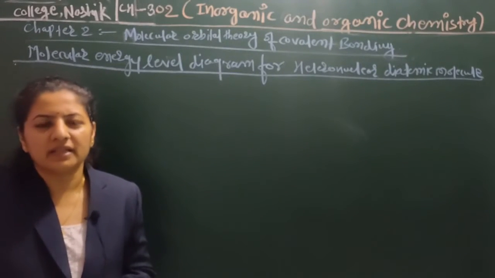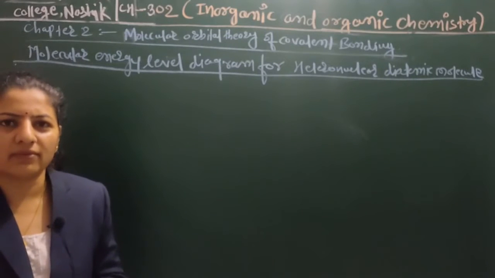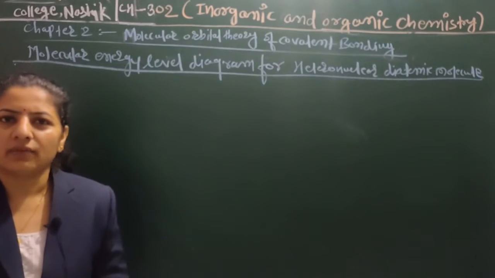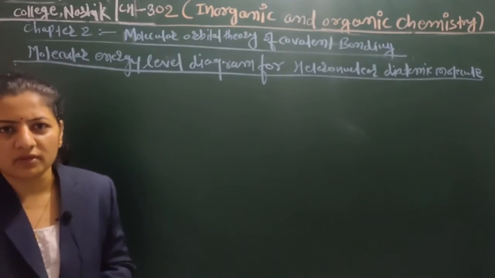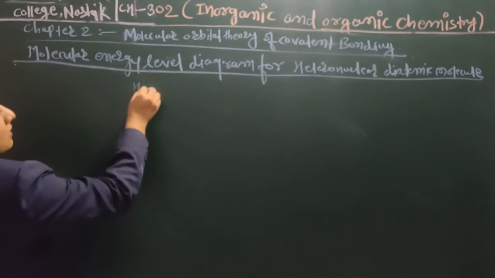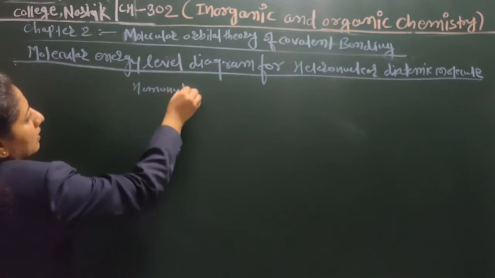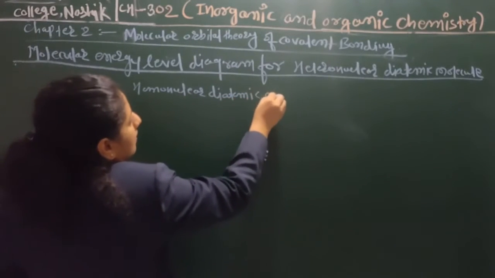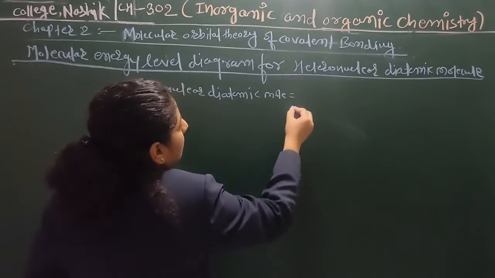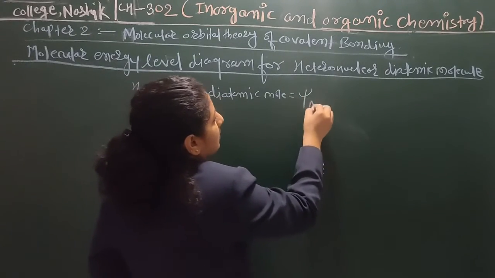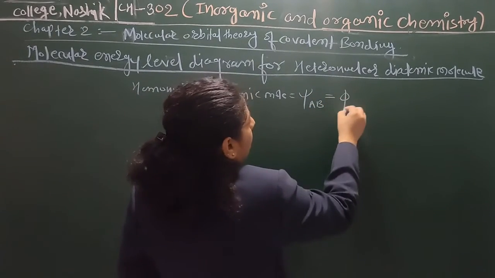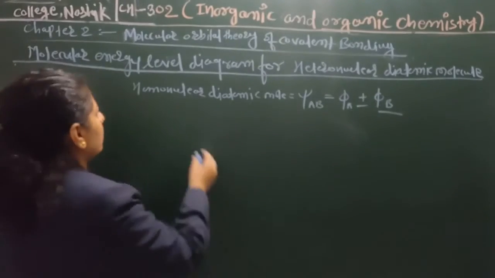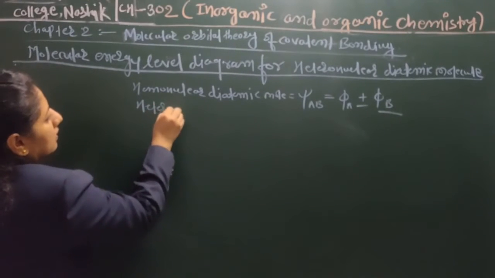The same principle, the linear combination of atomic orbitals, is also applied to the heteronuclear diatomic molecule. The only difference is that for a homonuclear diatomic molecule, we can use psi equal to phi A minus phi B.